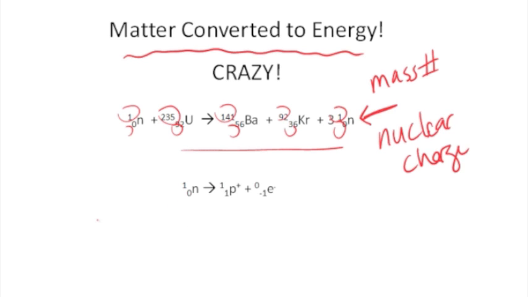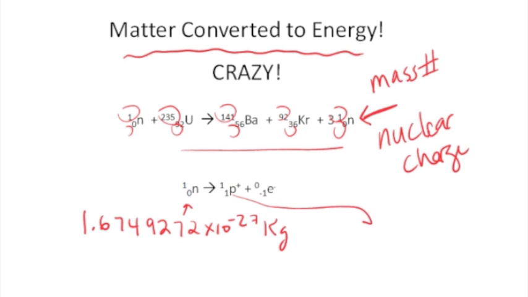The mass of a neutron is 1.6749272 times 10 to the negative 27 kilograms. Okay, that's the mass of a neutron.